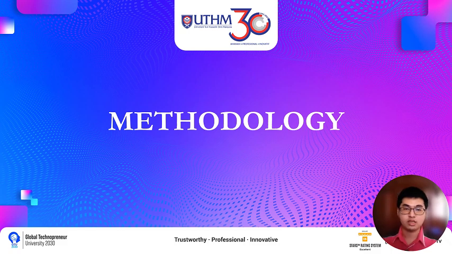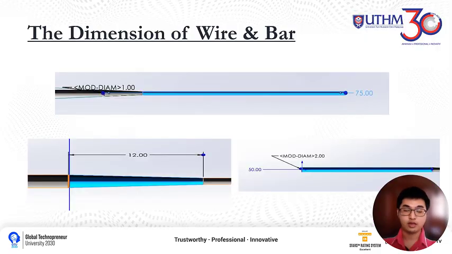Hello, my name is Li Han Chang, metric number AN200199, and now I will present the methodology part of the project. First of all, for the wire drawing process, we need a wire.